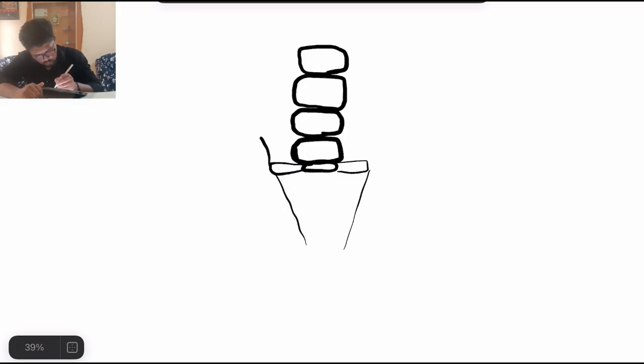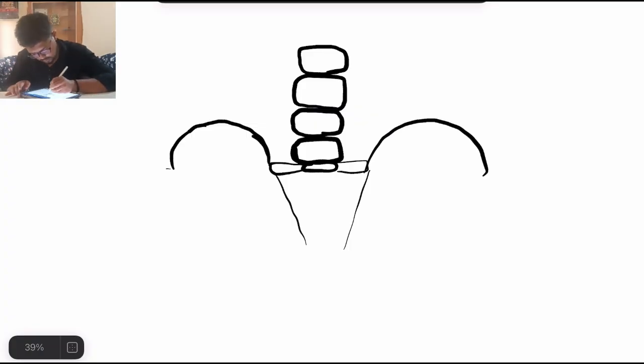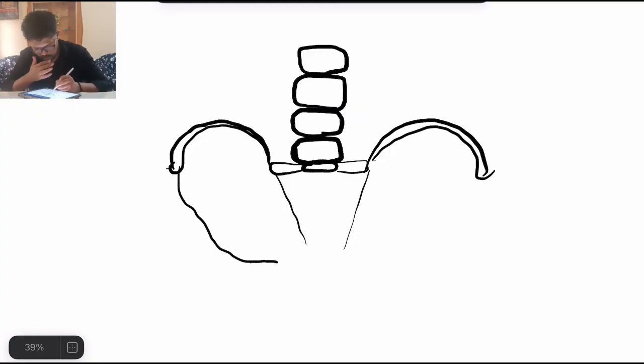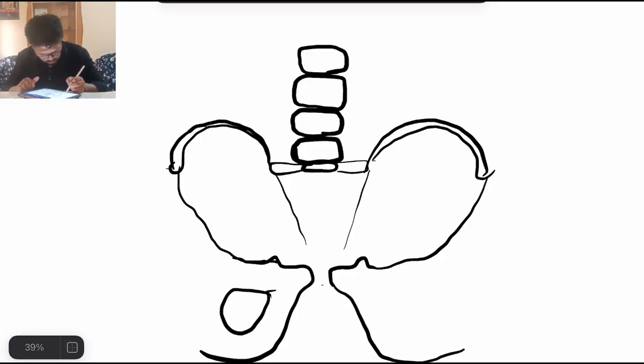This is the iliac crest, and this is the pubic symphysis.